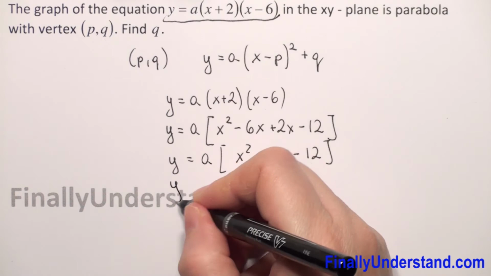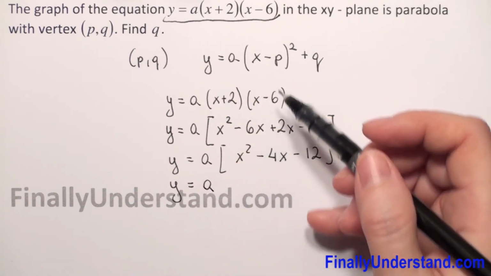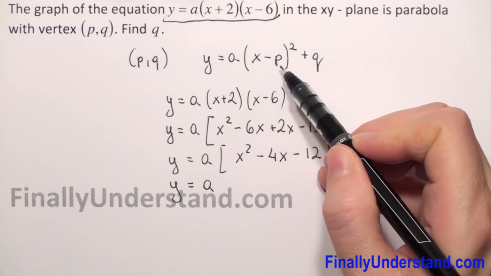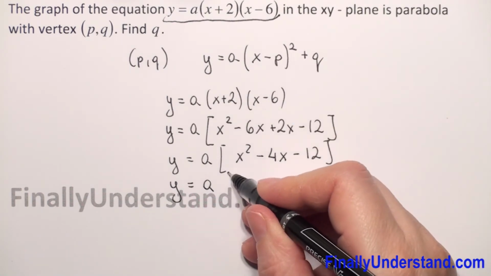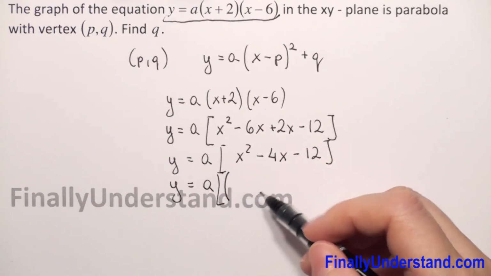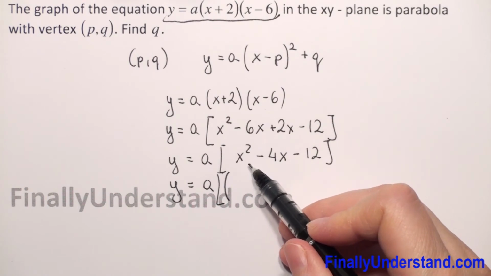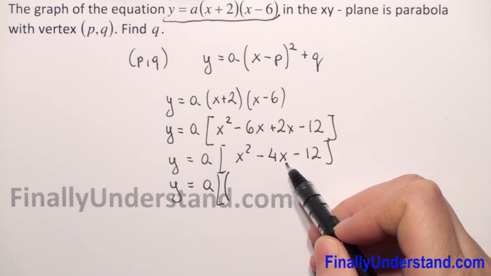So first we need y is equal to a, we copy, and next we have the expression (x minus something) to the second power. So let's open parentheses and let's copy the brackets at the beginning. What we have here: x squared minus 4x.